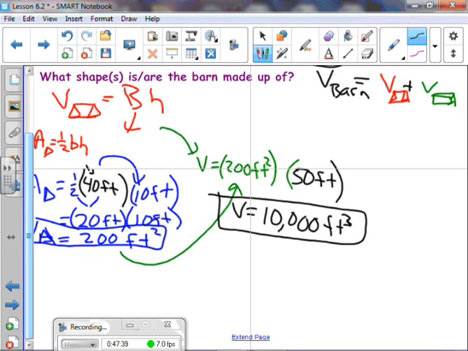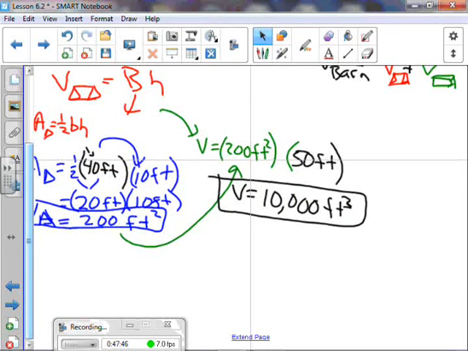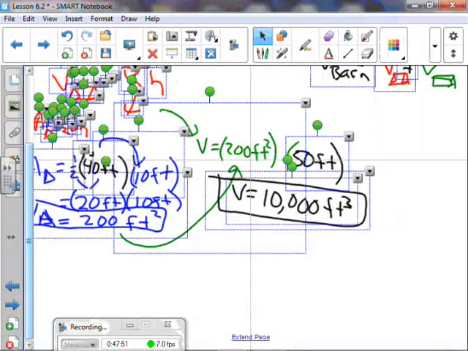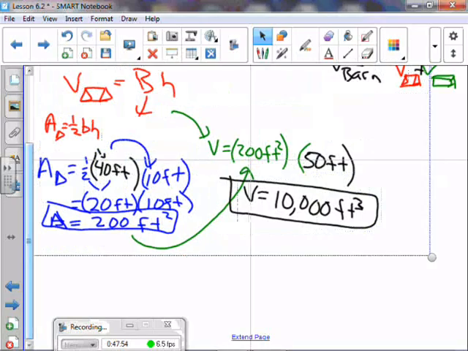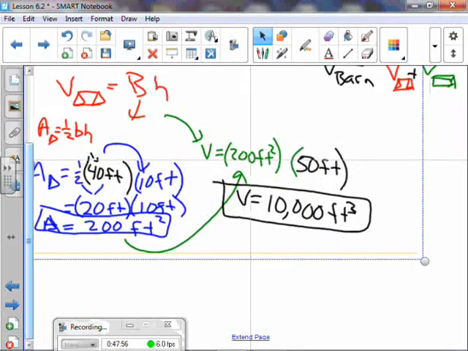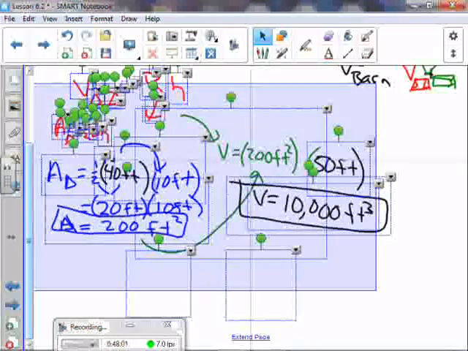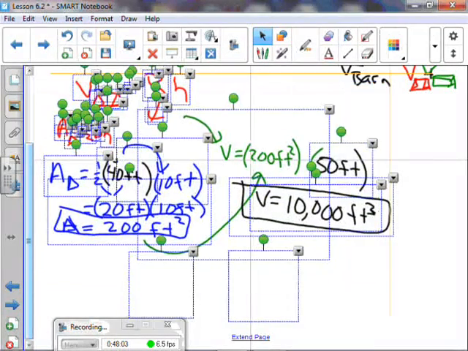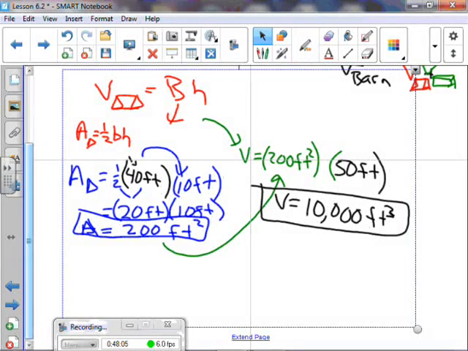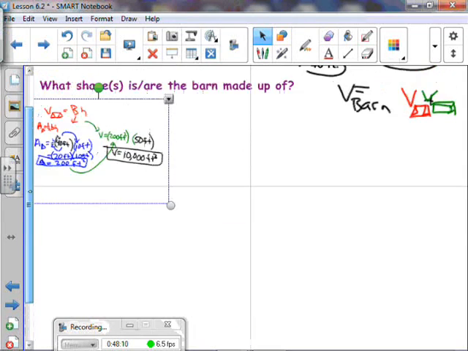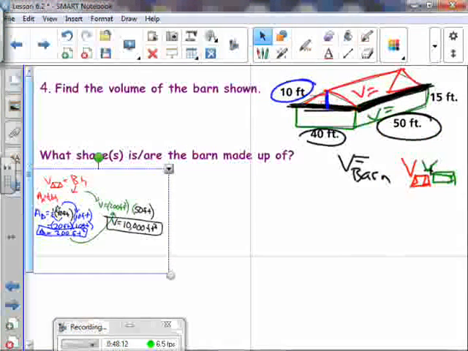And now what we need to do, you might want to pause the video, but I am going to shrink all this. Okay, now I can shrink it all up so that we can then do the volume of our rectangular prism.